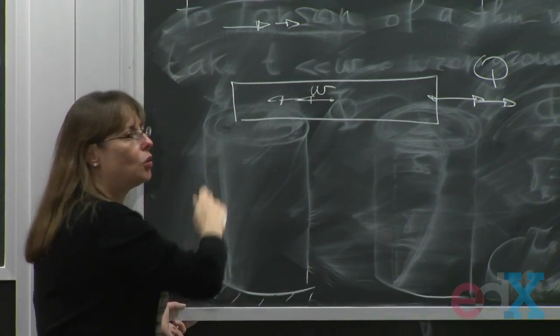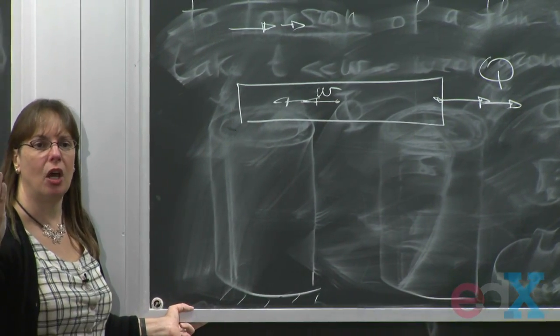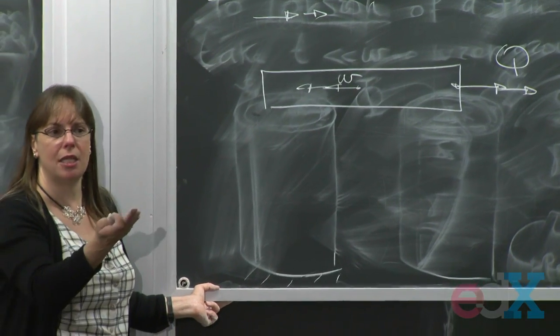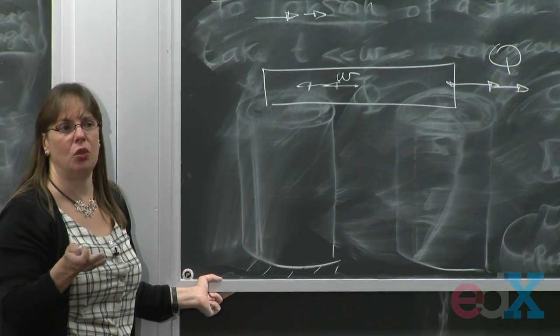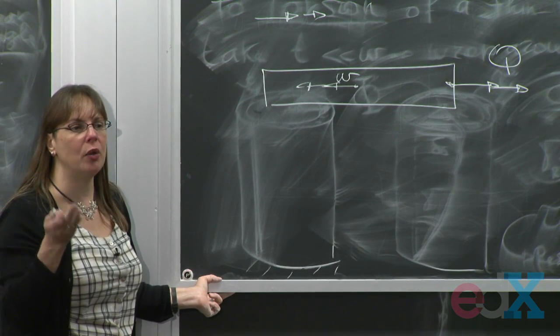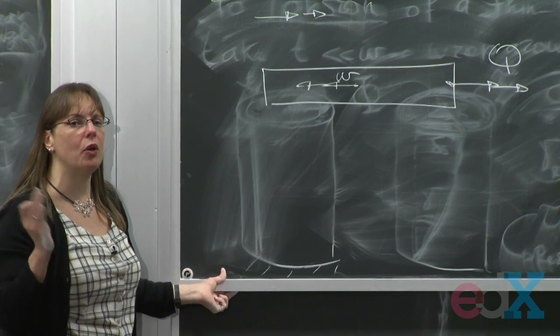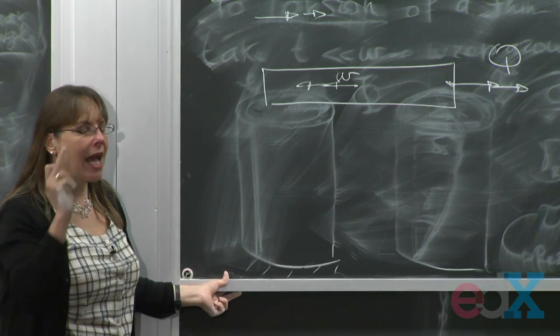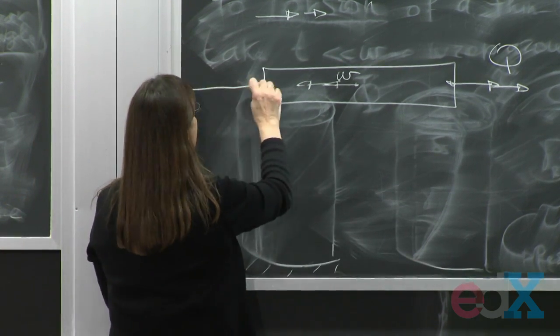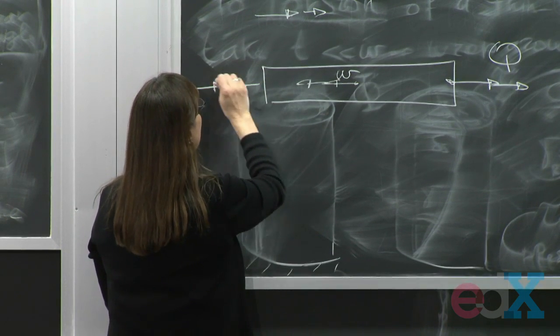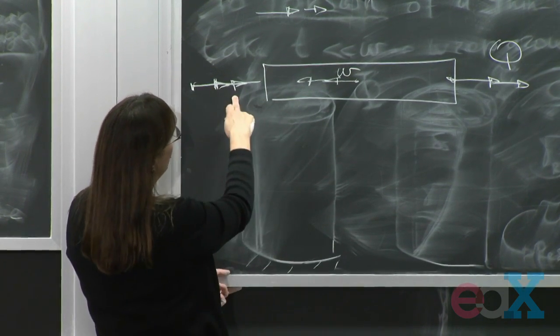So the reaction at the support is the Cartesian component of the moment at the support along the x direction. That's the only thing you need to keep the bar in equilibrium. How do we draw a Cartesian component? Do we care if it twists this way, or do we look at the axis? Axis.